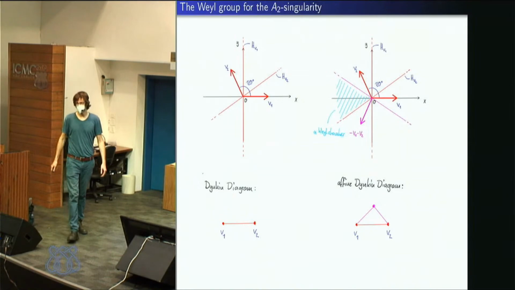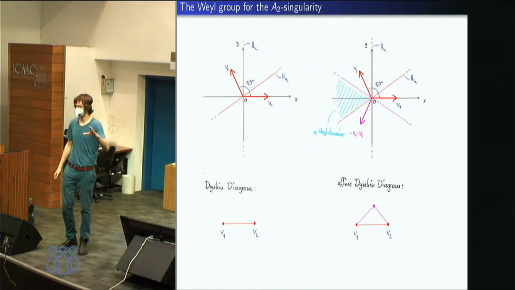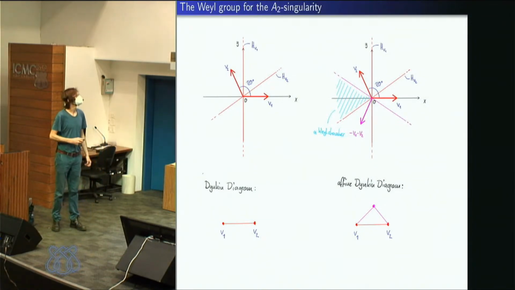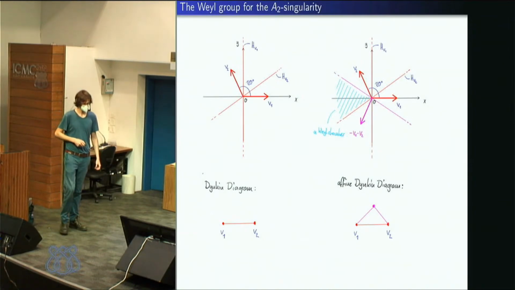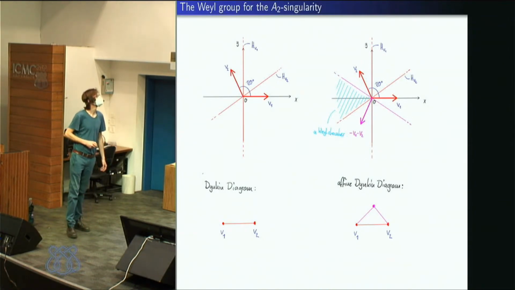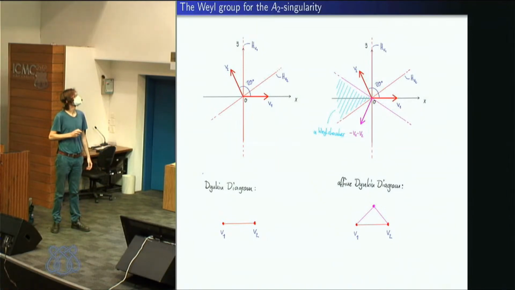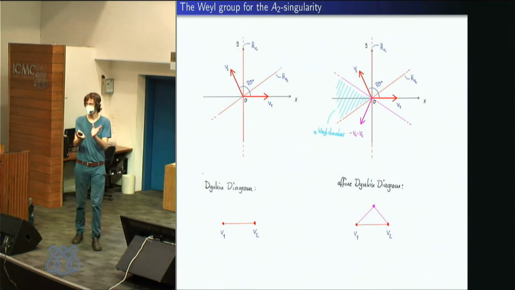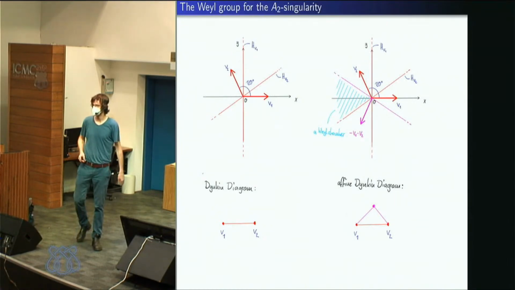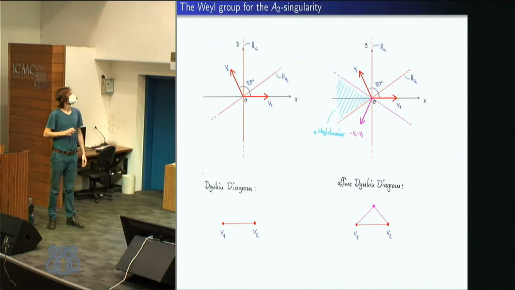So I tried to draw some pictures of our previous example to take you where we left off. So for the A2 singularity, you have R2 as the vector space for this Weyl group action. You can find some set of simple positive roots, V1 and V2. And you already see that they are in a hexagonal or triangular relative position. So you have orthogonal hyperplanes, HV1 here and HV2 there.